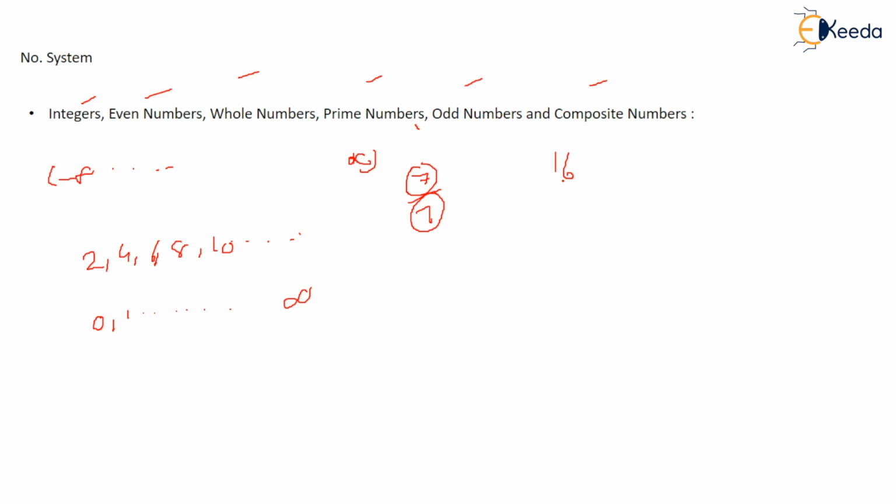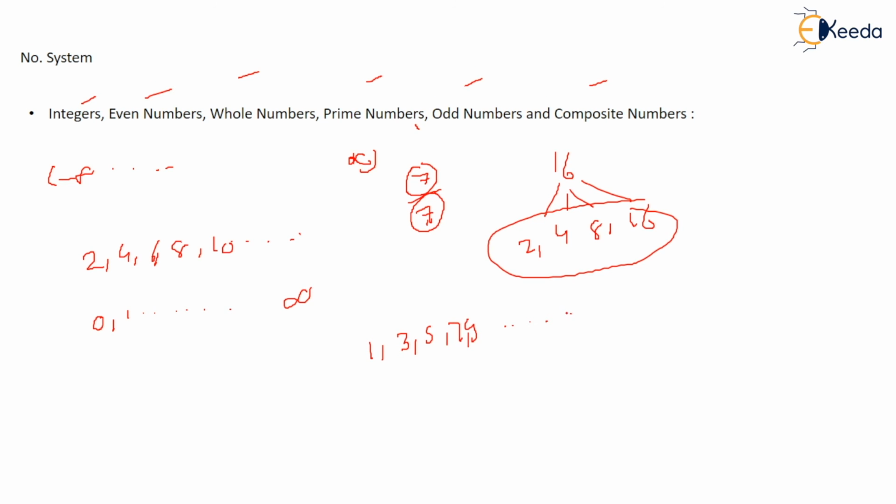Whereas if you take 16, 16 is divisible by 2, 4, 8, 16. So there are so many factors of 16, whereas 7 only has one factor, so that is called a prime number. Odd numbers, as you all know, 1, 3, 5, 7, 9, and so on till infinity.